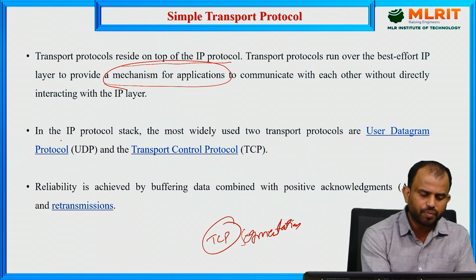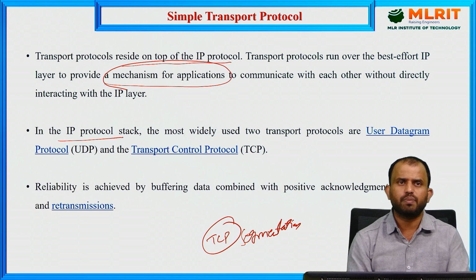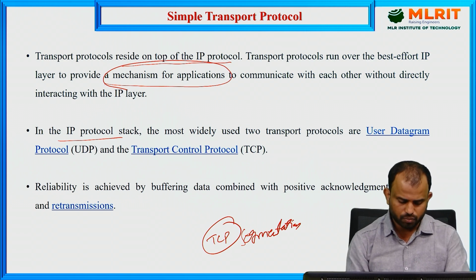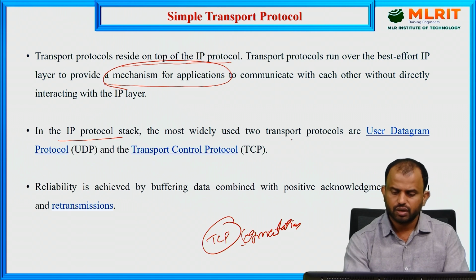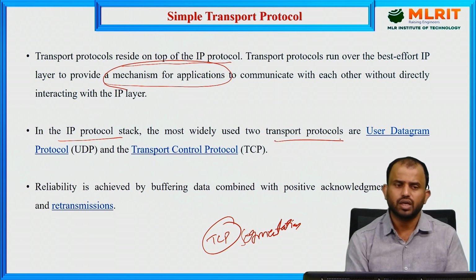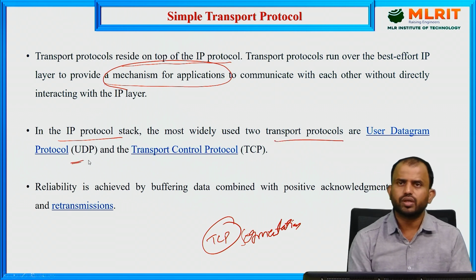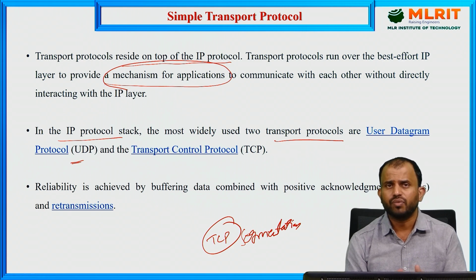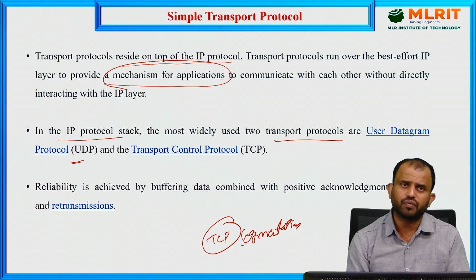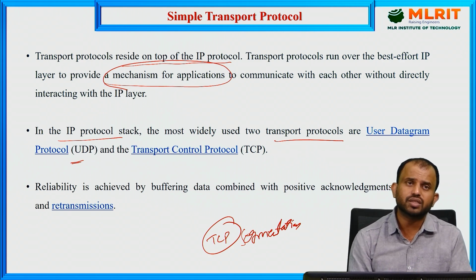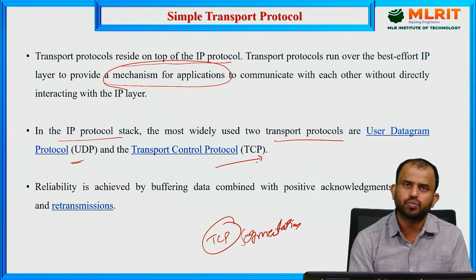So here what happened? A simple IP protocol stack is the most widely used one and is connected to a transport layer. The transport protocol service is what you call the user datagram protocol. When you go for any kind of virtual mechanism or virtual services, there may be a chance to require the user datagram protocol, and that protocol we call the transmission control protocol.